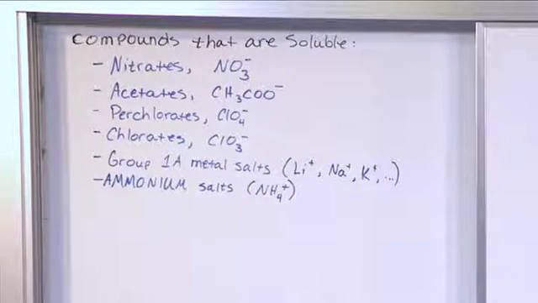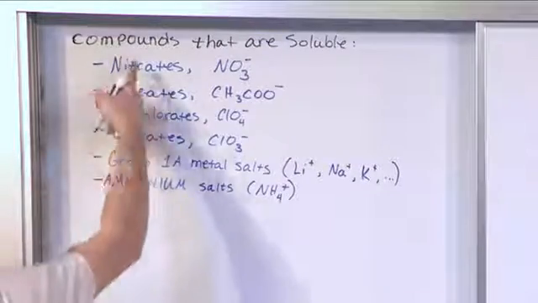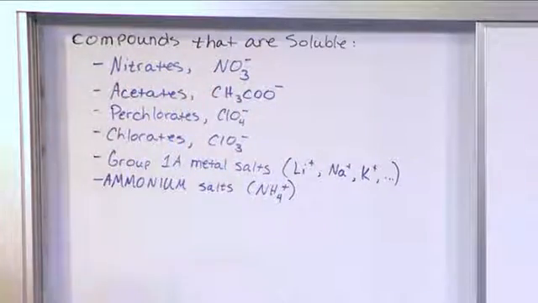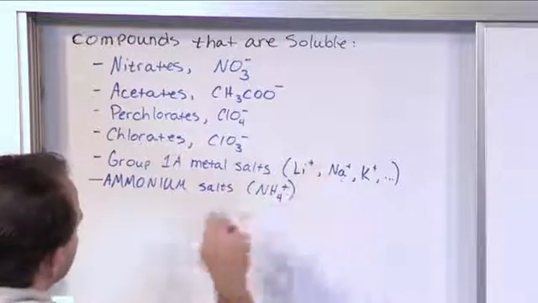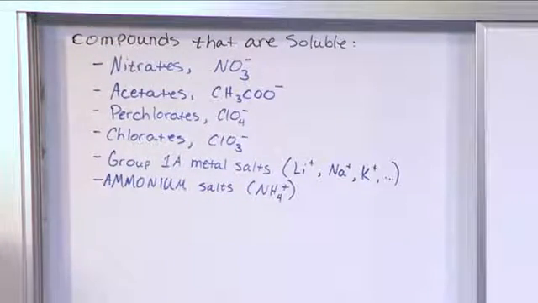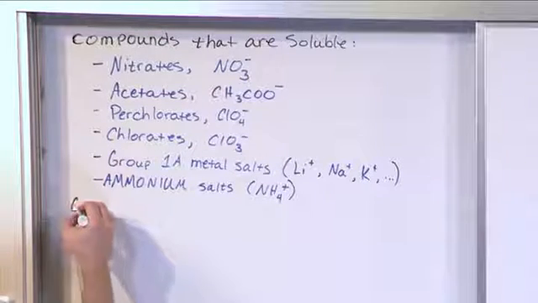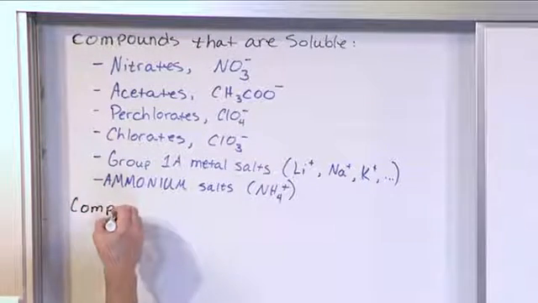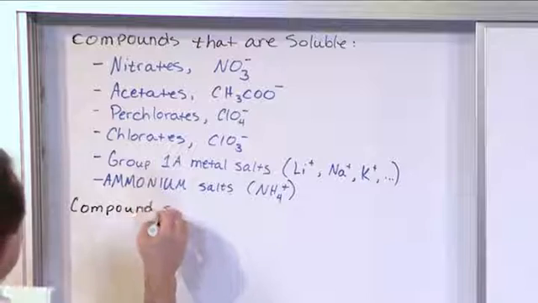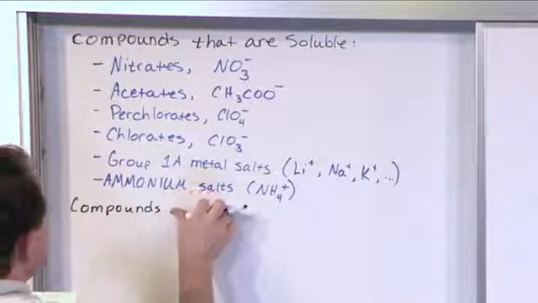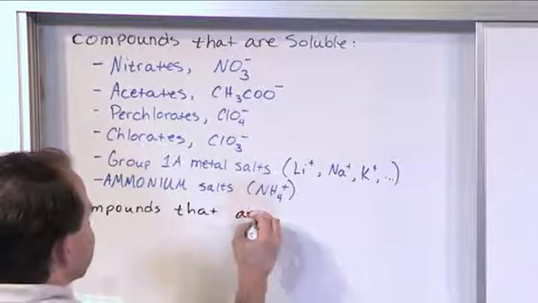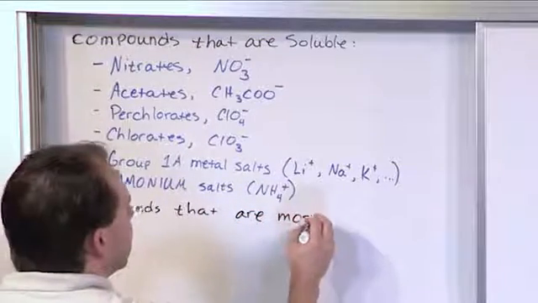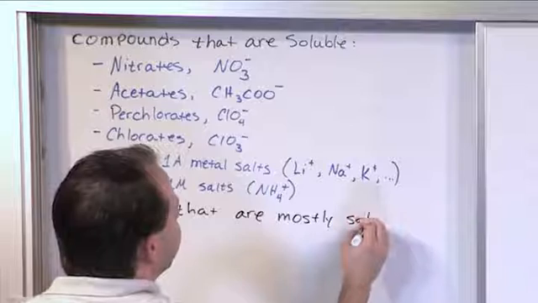Now, under that, we're going to get into some cases where there are a few more exceptions. The first list is compounds that are super nicely soluble, like sodium chloride, things that dissolve really readily. Next, we're going to have compounds that are mostly soluble.